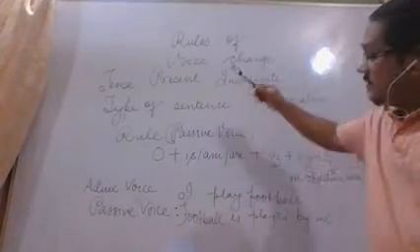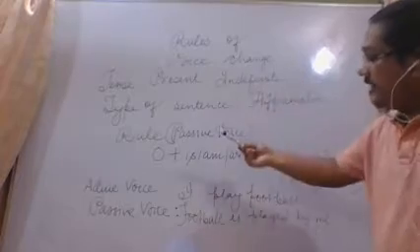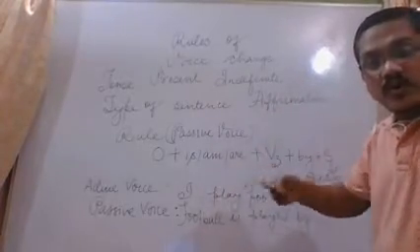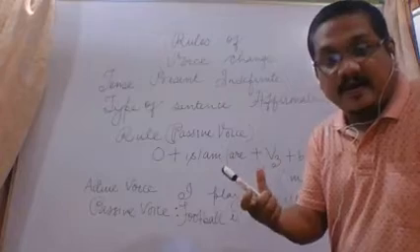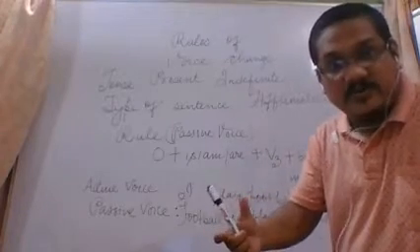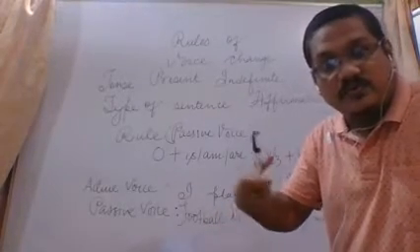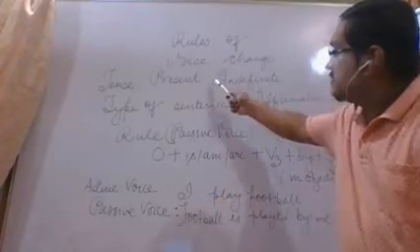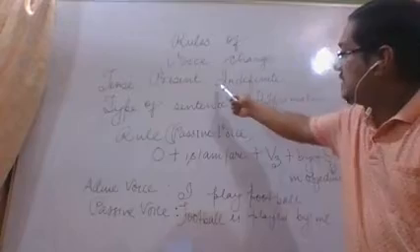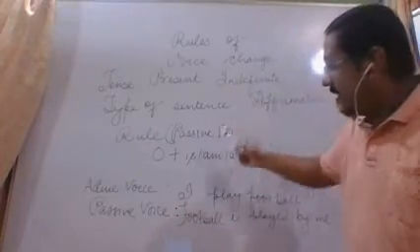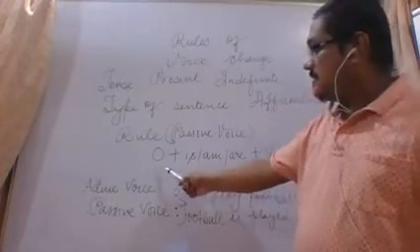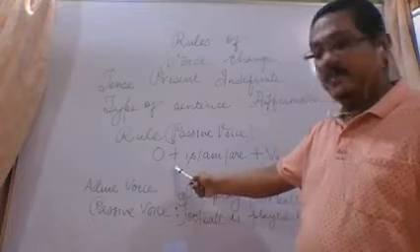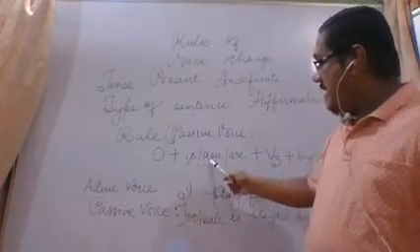And then we have a rule of changing an active voice to a passive voice for this type of sentence in present indefinite tense, that is object plus is am are.